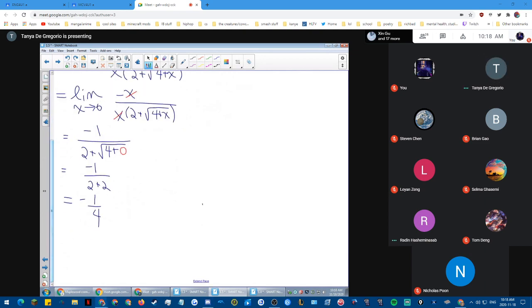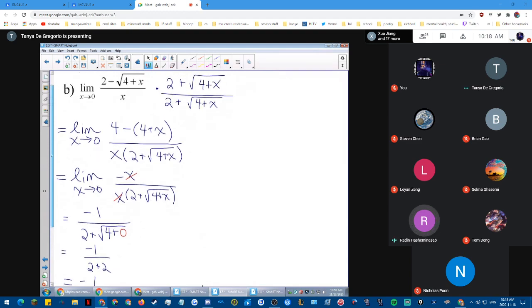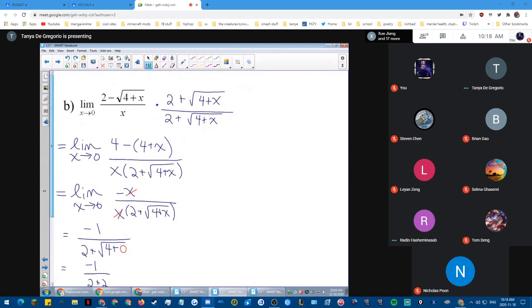Any questions? Well, can you remind me, is the conjugate supposed to be positive or something? So for the conjugate, Regine, you have a binomial. Here I have 2 minus radical 4 plus x. The two terms stay the same, just the middle sign changes. So because that's a minus, it becomes a plus. That's it.